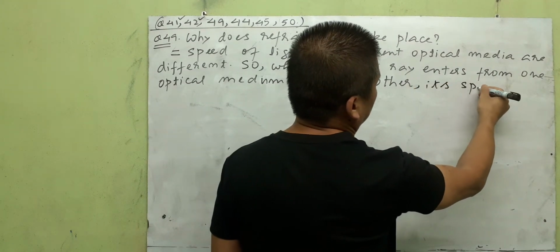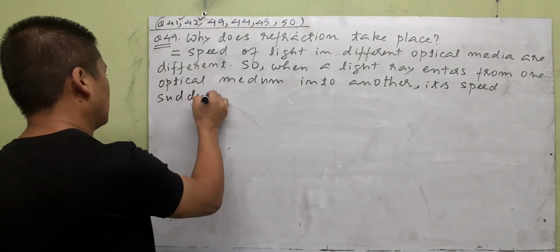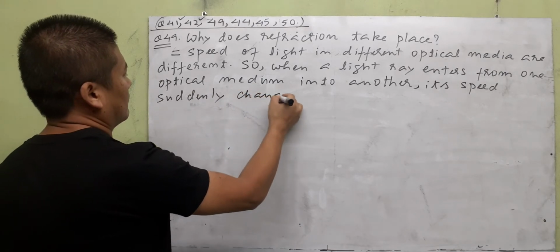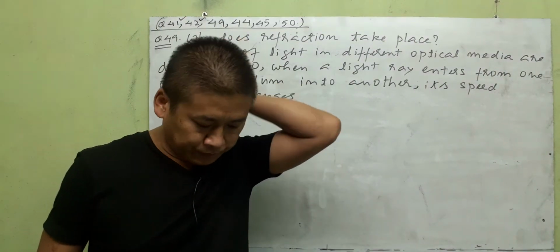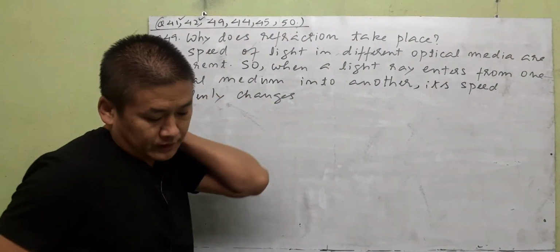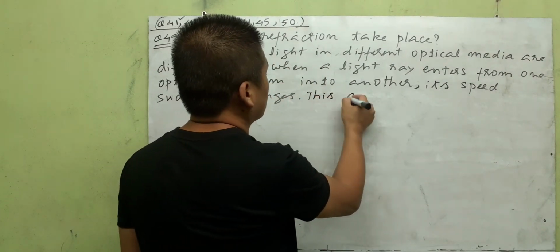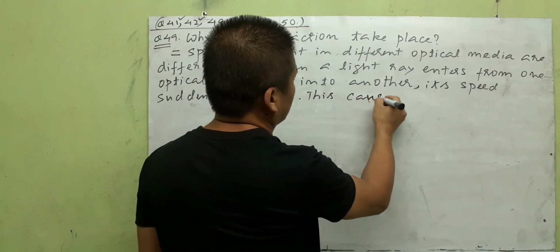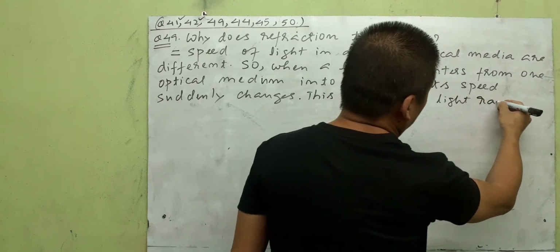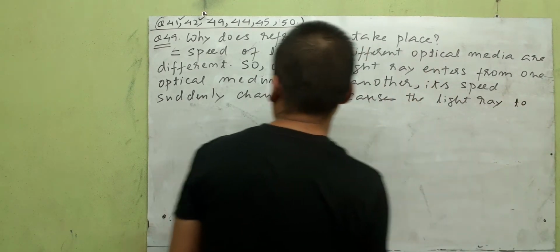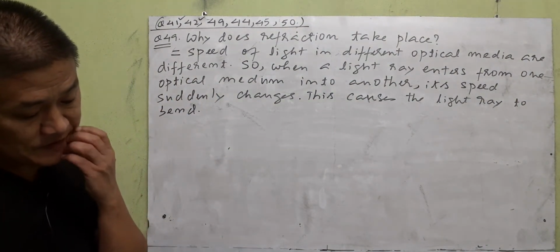The speed of light suddenly changes, meaning it suddenly increases or decreases, depending on the two media. This causes the light ray to bend. Thus refraction takes place.